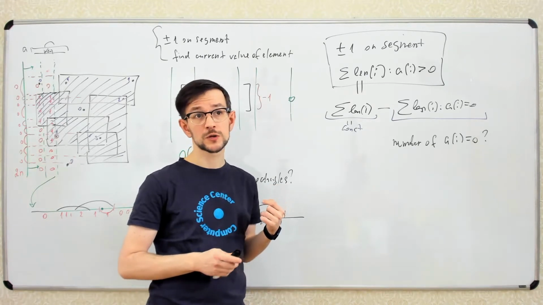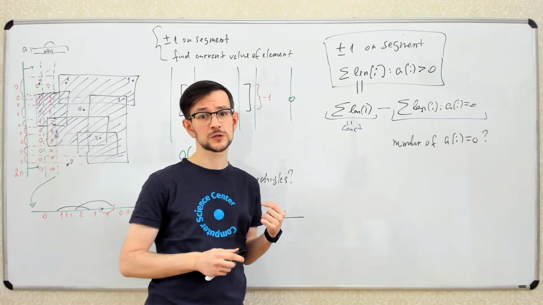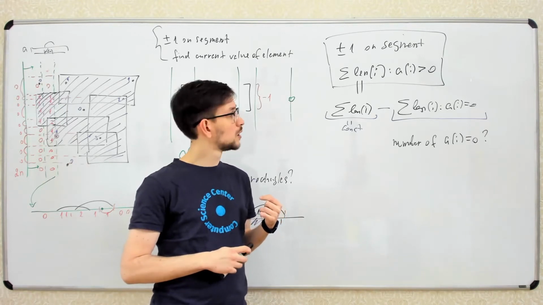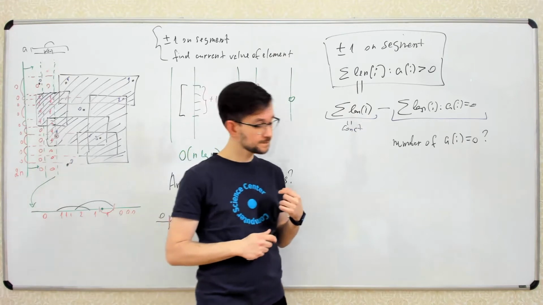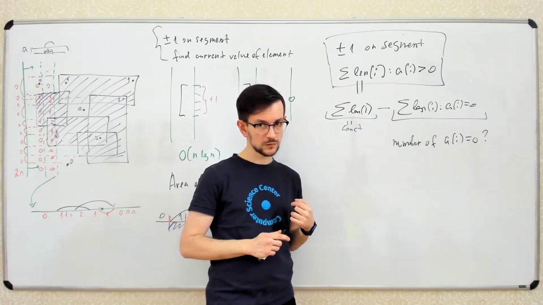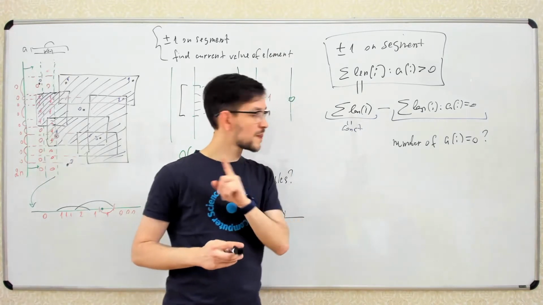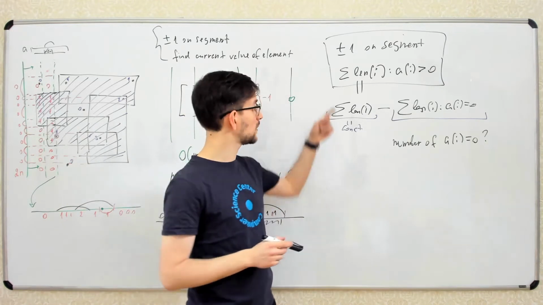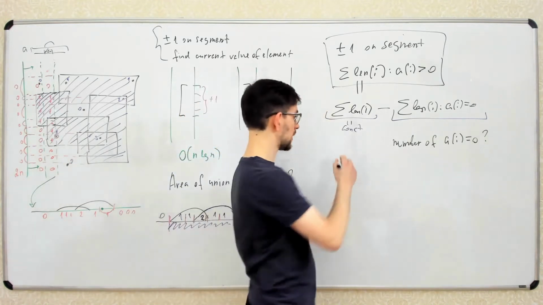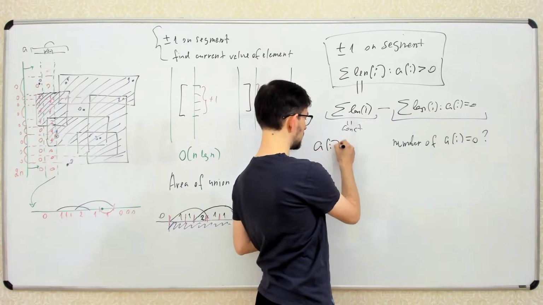It was on the first contest discussion, yes, I believe. Okay, let me give you some more hints. The hint is very simple. All elements of this array are non-negative. So all elements in this array are always non-negative.